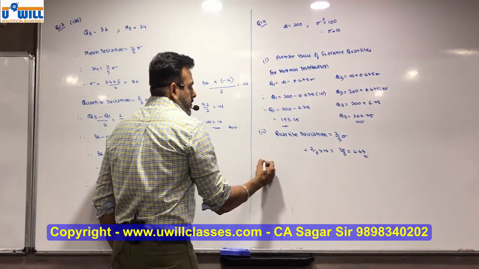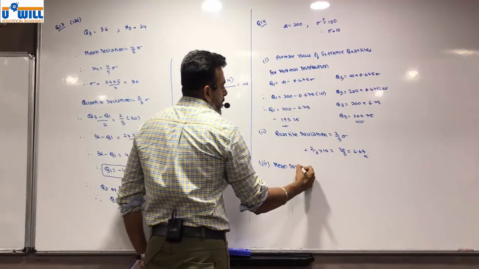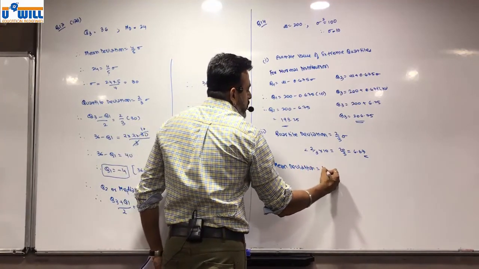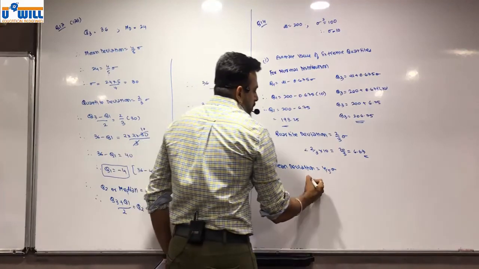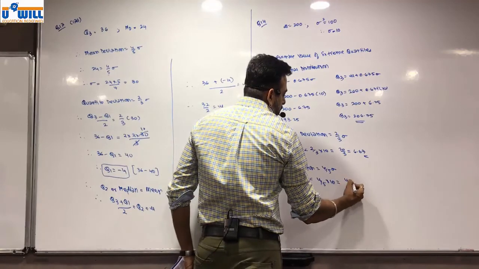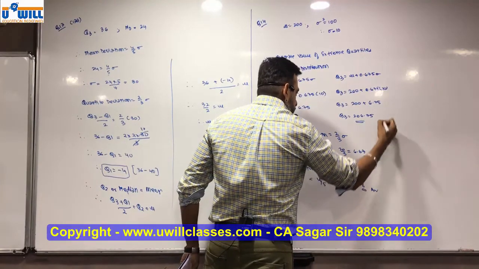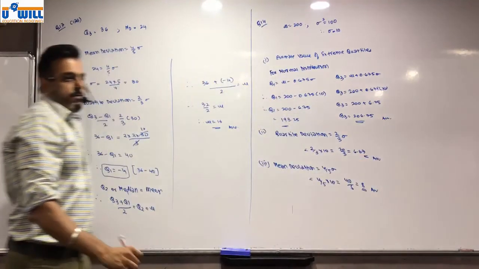And the third one, mean deviation is equal to 4 by 5 sigma is equal to 4 by 5 into 10 is equal to 40 by 5 is equal to 8. That's it.